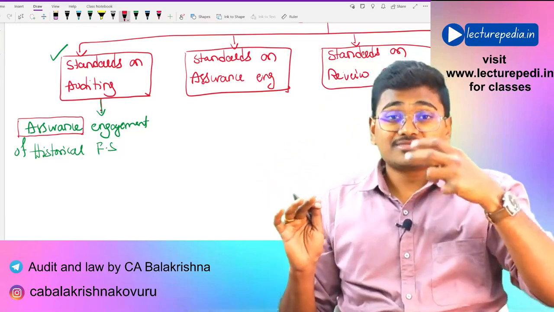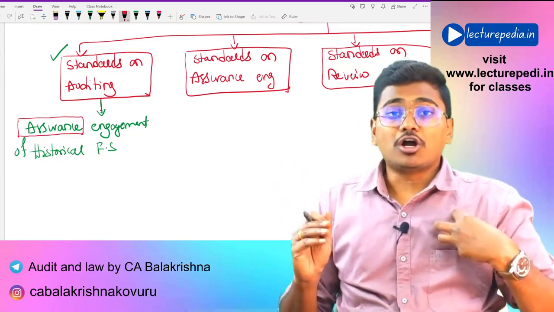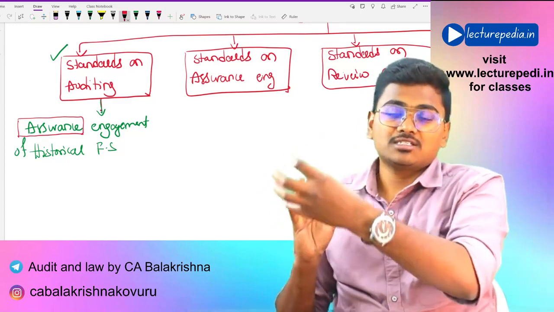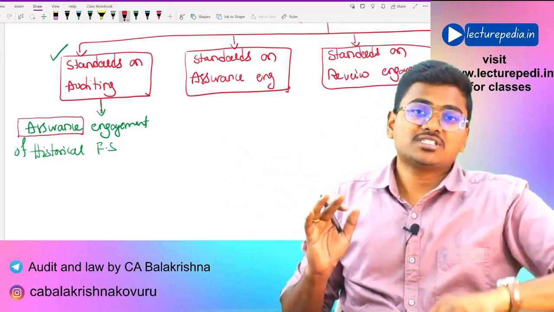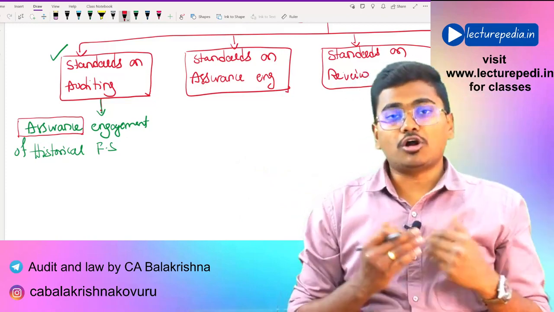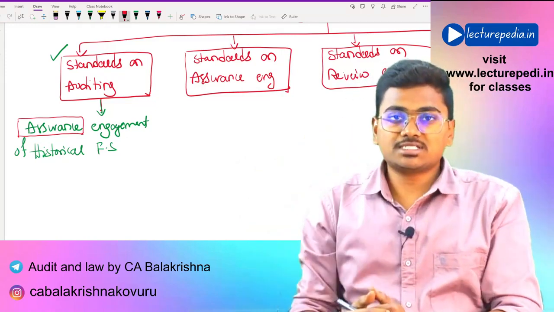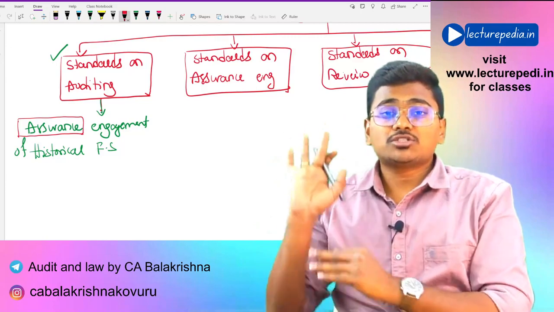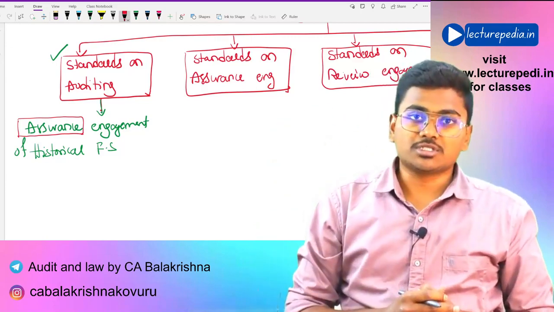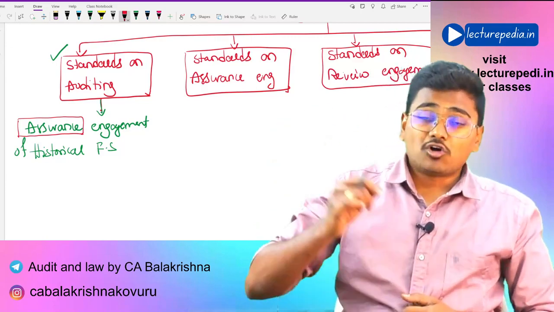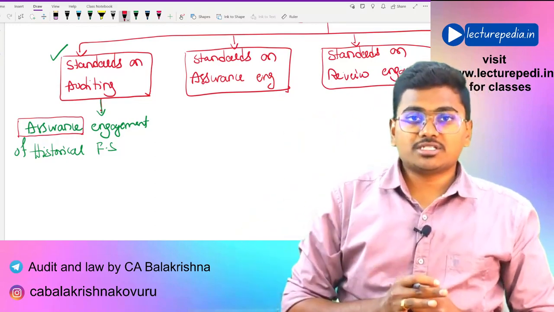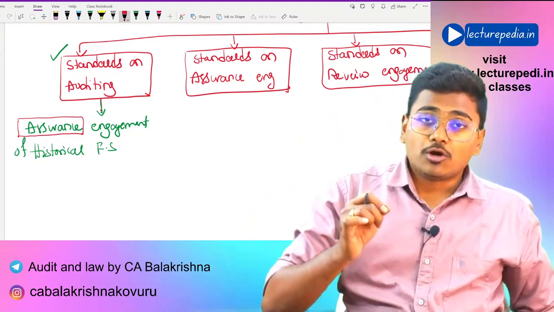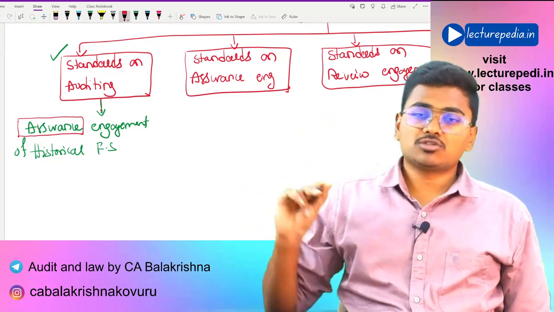This is known as assurance. So, in this audit of historical financial statements, the auditor will have to perform the audit as per standards on auditing.